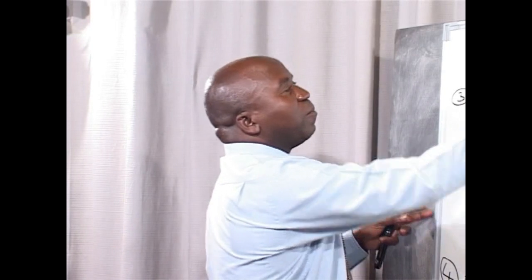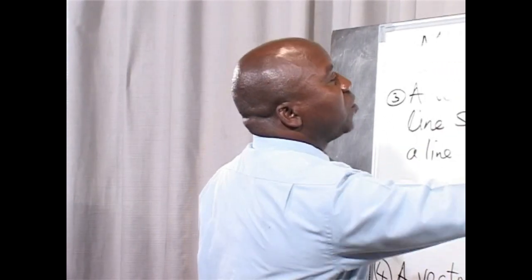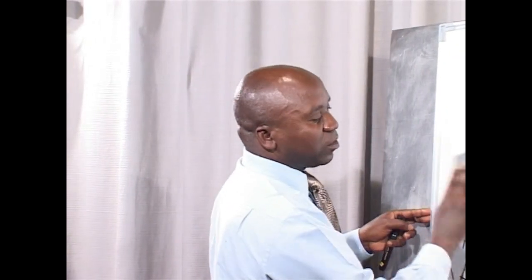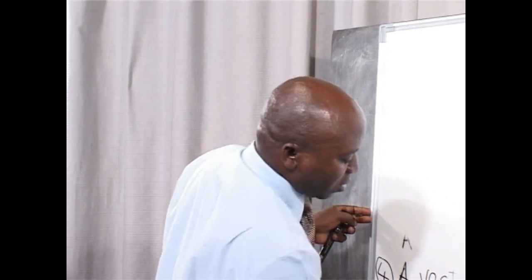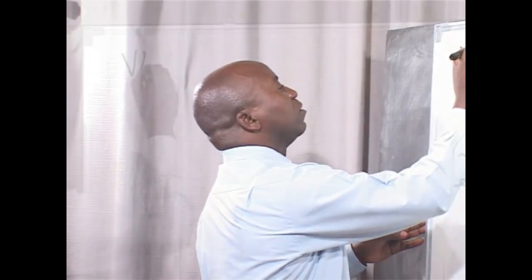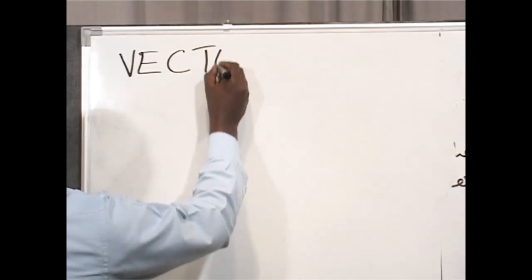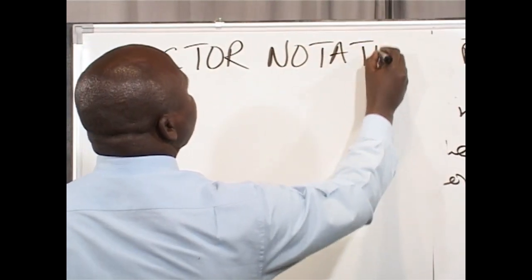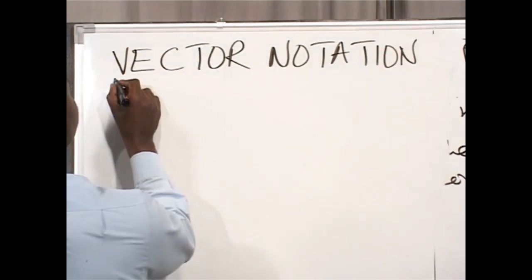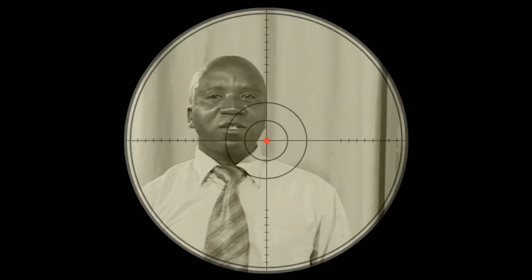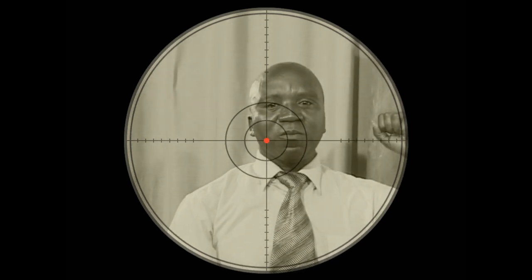When you pick up a mathematics textbook, you start reading. How do you know that what I'm reading is about vectors? How are vectors written? So let us look at what I will call vector notation. Vectors are written using capital letters with an arrow on top. That is, we wrote vector AB and vector PQ.